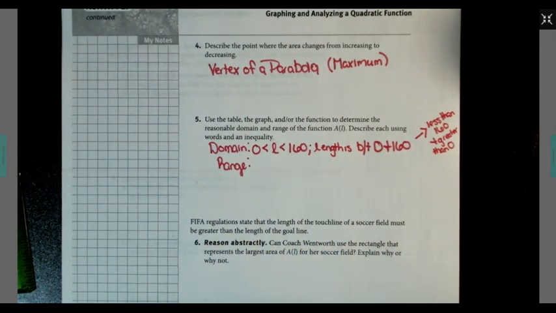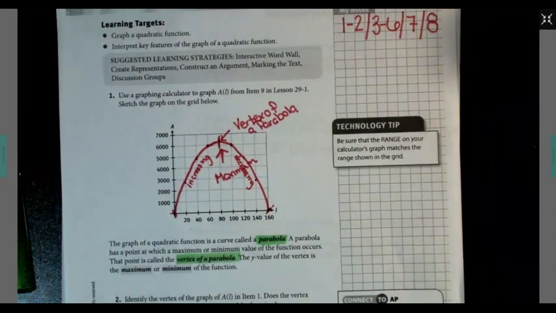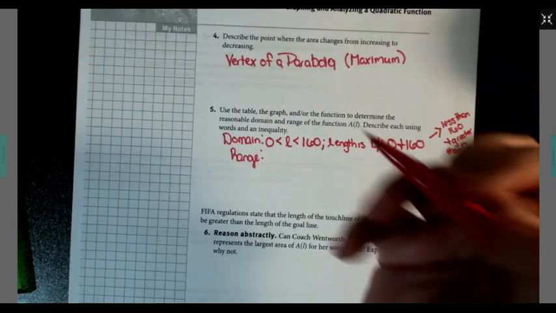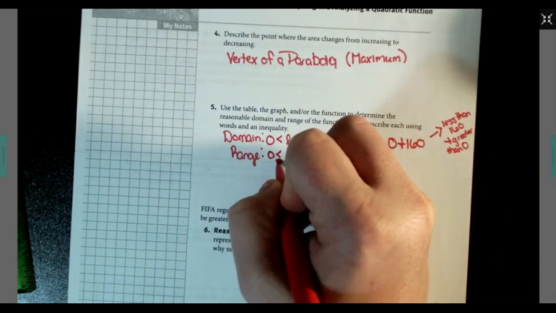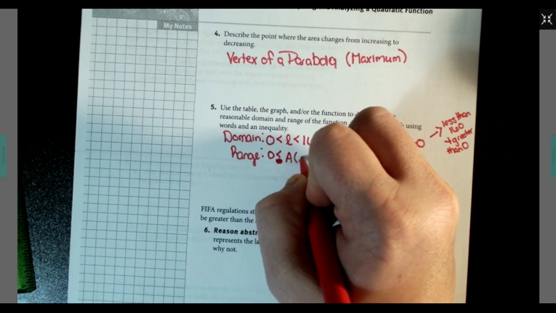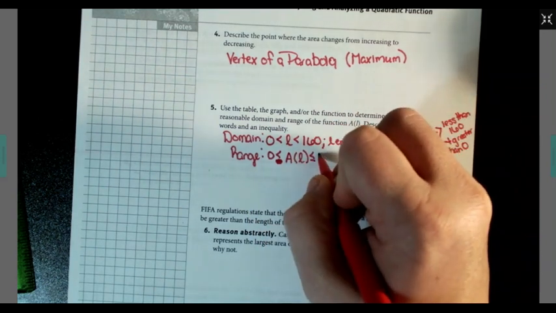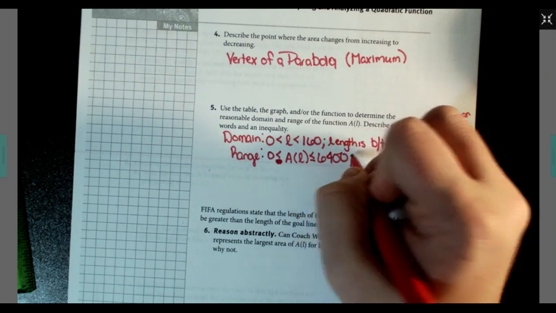Range. Can my range actually be 0? Remember, range is our area. Can your area actually equal 0? No. Can your area equal, what's the highest value? 6,400. Can it actually equal 6,400? Yes. So my range is 0 is less than, not equal to, less than A of L, which is less than or equal to 6,400.